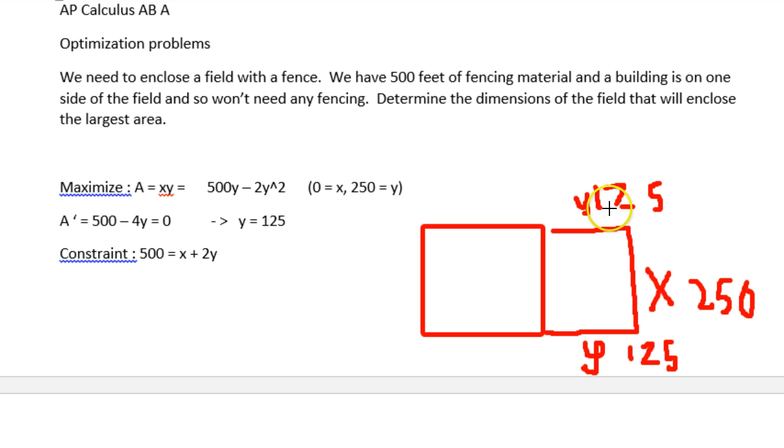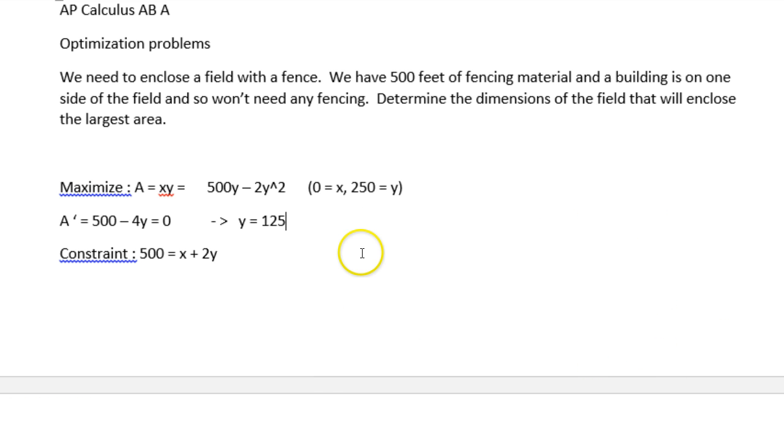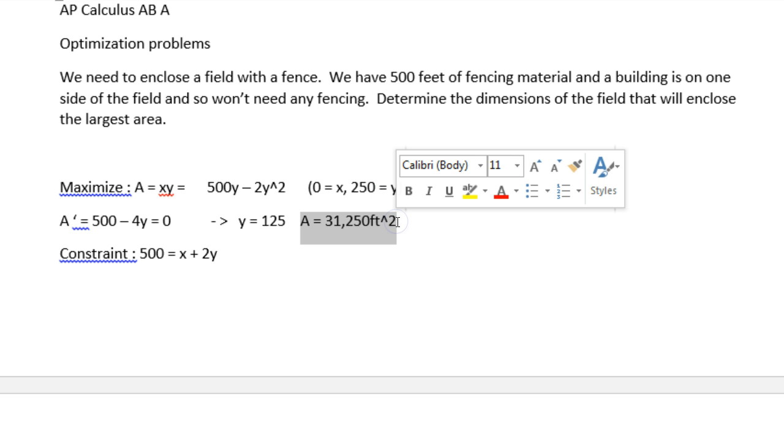That will give us our total fencing, and it'll give us our area to be, I believe, about 31,250 square feet.